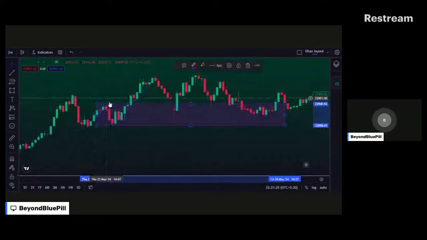We have this area, S&D responsible for breaking this high, and then we close above, making this a validated or protected low.